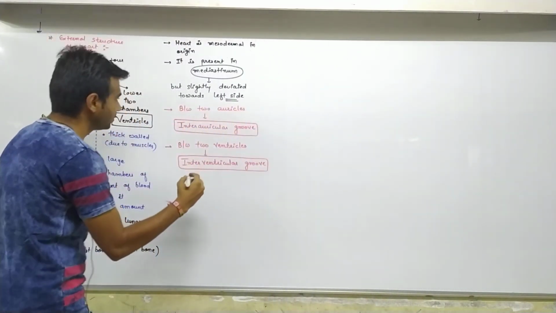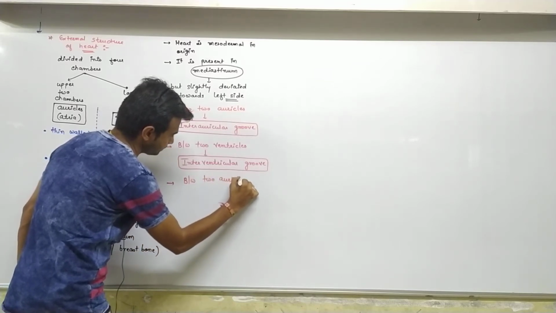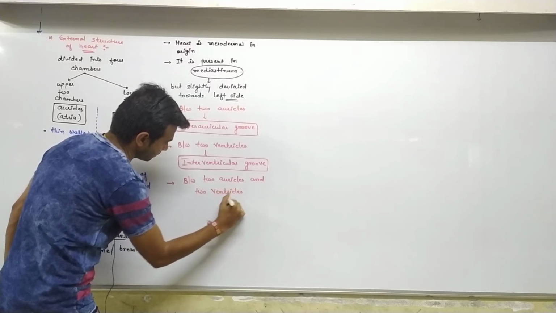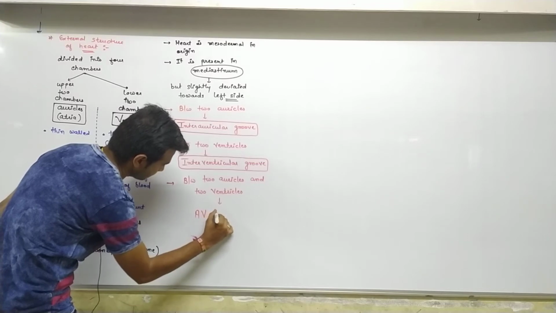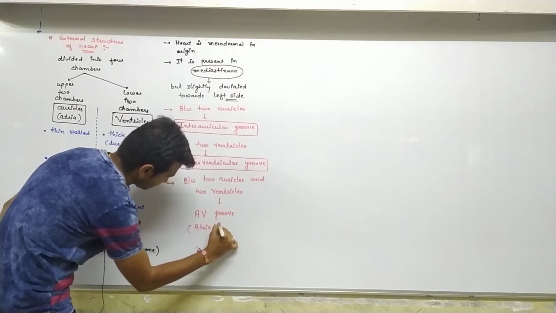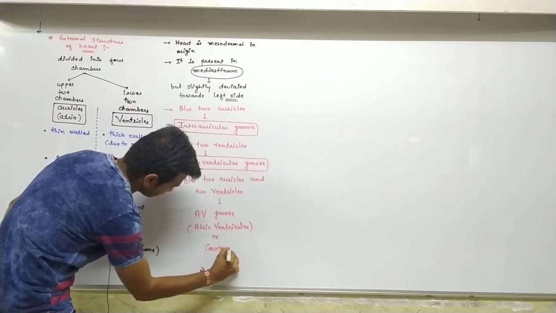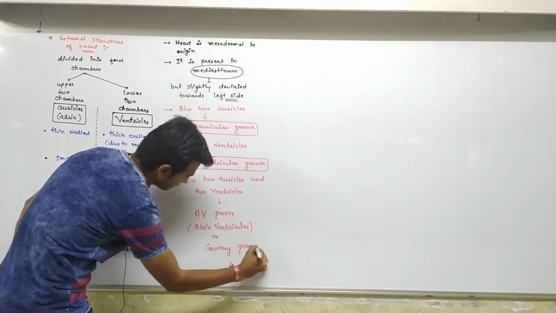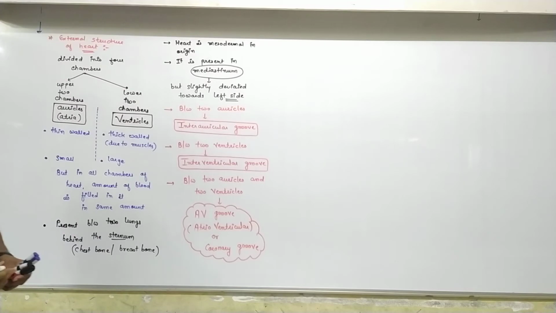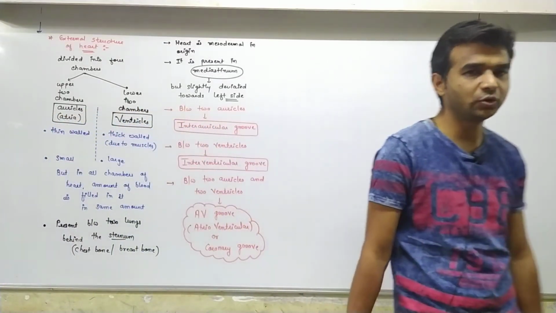Between the two auricles and two ventricles, on the mid side of the heart, that groove is present, known as the AV groove.